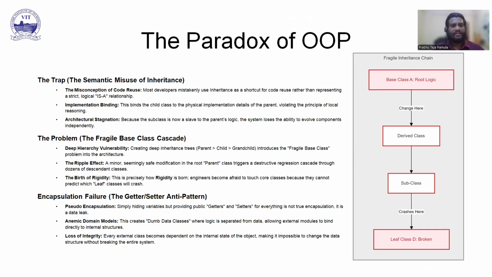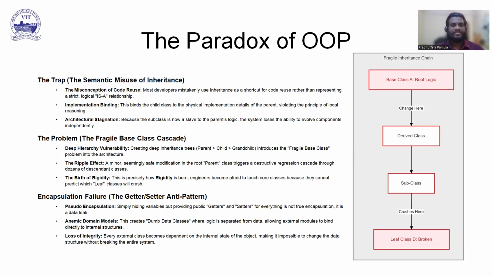The rippling effect: a minor, seemingly safe modification in the root parent class triggers a destructive regression cascade through dozens of dependent classes. The birth of rigidity: this is precisely how rigidity is born. Engineers become afraid to touch core classes because they cannot predict which leaf class will crash.